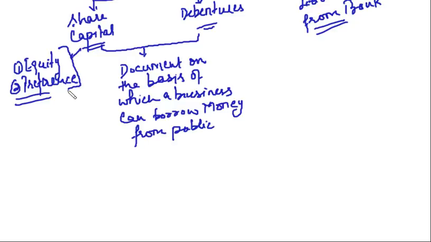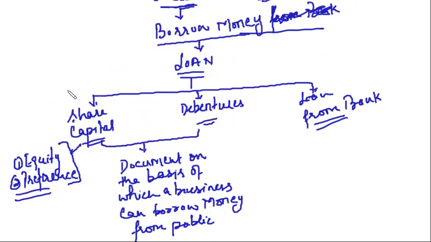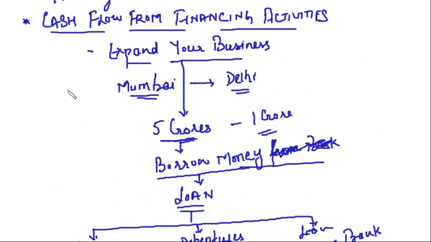Right? Now, in case of financing activities, what we are going to deal with is the items which are directly affecting our finance. We are in the need of finance. Finance means we need 4 crore rupees. From where are we going to borrow these 4 crore rupees?